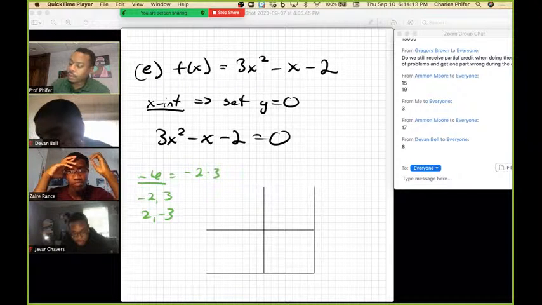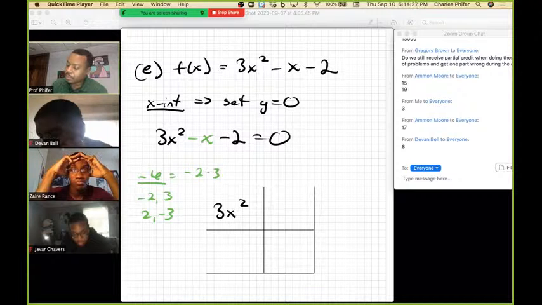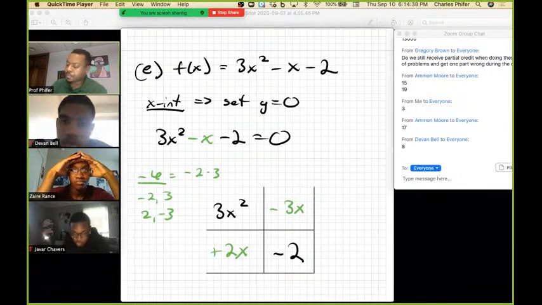Okay, in the upper left-hand corner goes our leading term, which is this 3x squared. The bottom right-hand corner goes our constant, which is the negative 2. And then on the other diagonal, we want to break that middle negative x up into the 2 numbers we just found. So we got a negative 3x and a positive 2x, right?